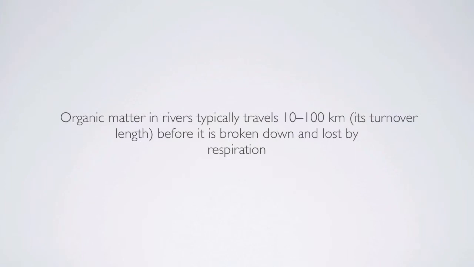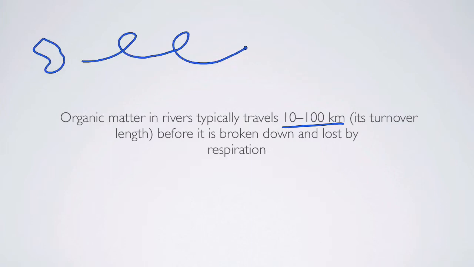Now typically for organic matter in rivers, organic matter is going to travel on the order of 10 to 100 kilometers before it's broken down and lost by respiration. So you have organic matter that enters into the stream, and it might spiral, but by the time a given unit has been respired, it often will have traveled 10 to 100 kilometers.